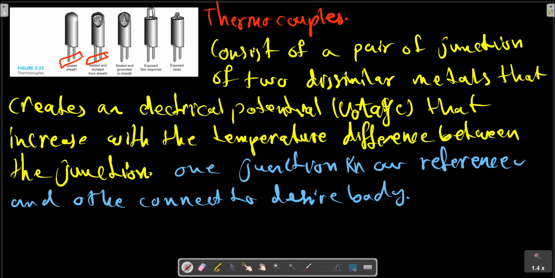Different material combinations are used for different temperature ranges, and the size of the junction is kept small to have a short response time.